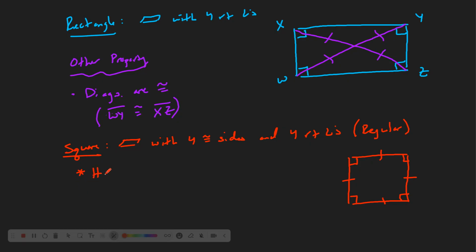It has all properties of parallelograms, rhombuses, and rectangles.